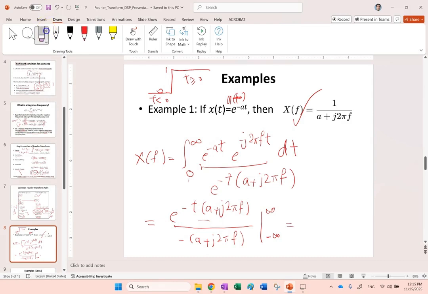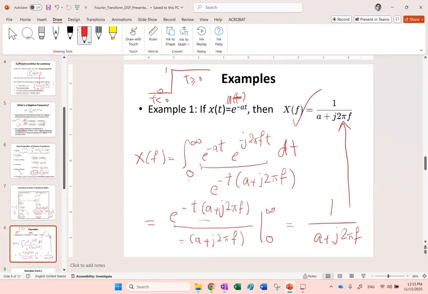And so the only difference is now this is going to be evaluated from 0 to that. And so at positive infinity, this is going to be 0. At 0, this is going to be a 1. But there is a negative for that, and that negative with this negative would cancel. So you get 1 over what? A plus j 2 pi f, which is exactly that one.